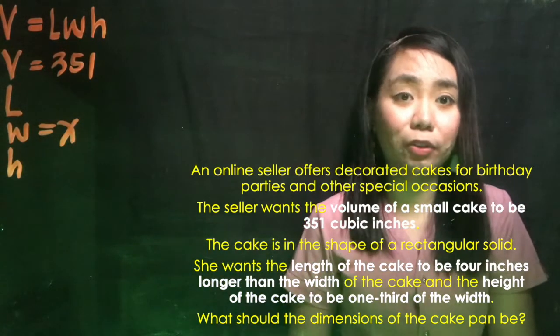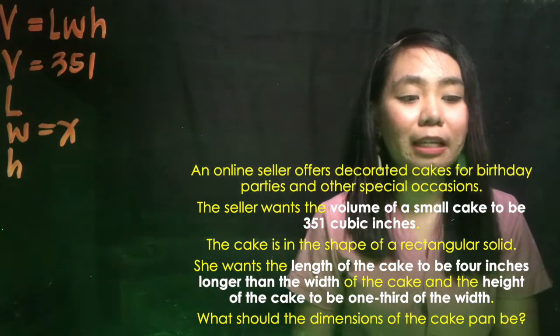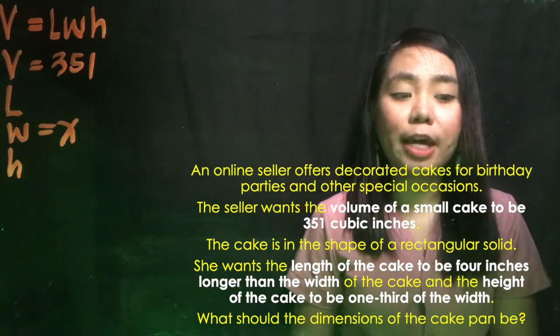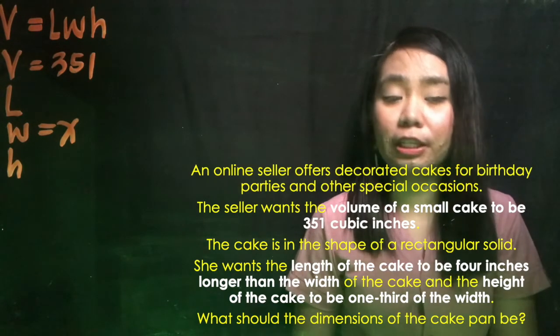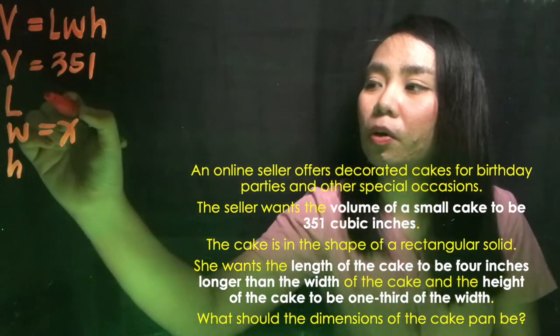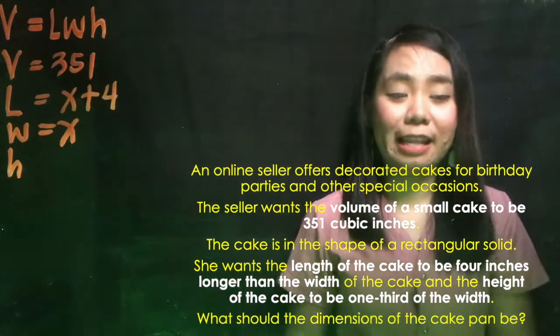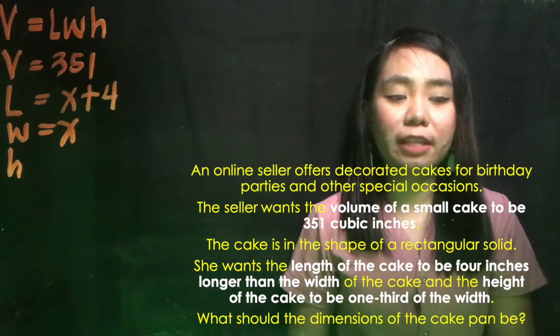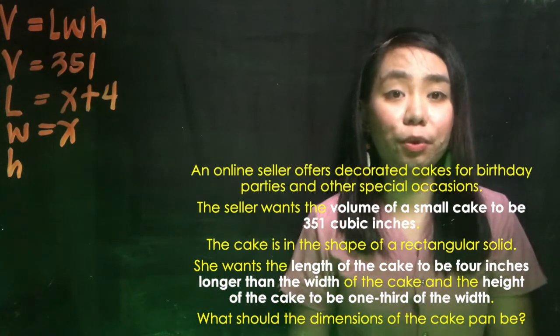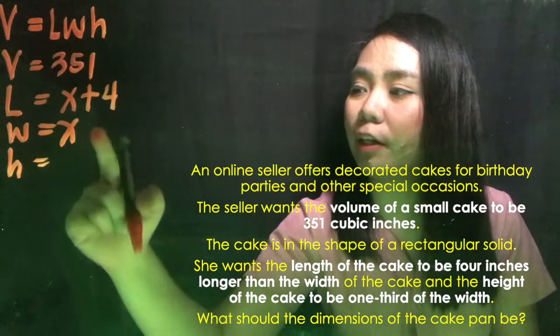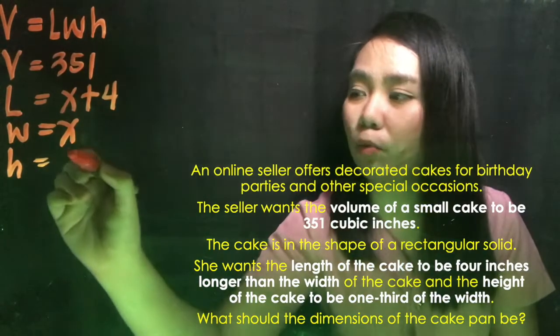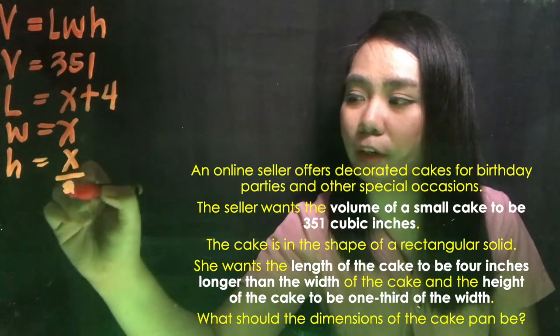Now, going back to the problem, it tells us that the length of the cake is 4 inches longer than the width. So we will just add 4 to the width. And lastly, the height of the cake is 1/3 of the width. So you have x for the width, and 1/3 of it is x over 3.